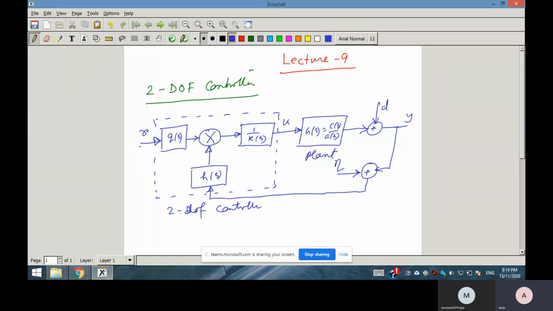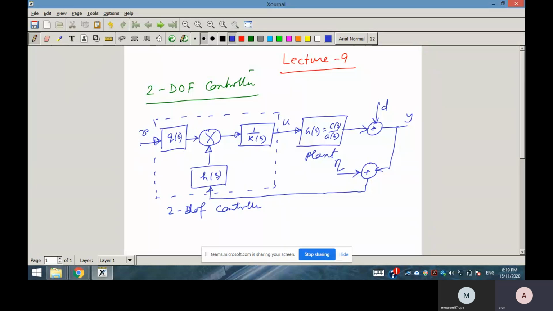But here you can see that R and Y inputs are going, and they are treated independently because of the presence of Q and H. If Q and H are the same, then you can absorb them, and it will ultimately be H(s) by K(s), and again only one input, the tracking error, will go to the controller. So as Q(s) and H(s) are different here, this is 2 degree of freedom control.